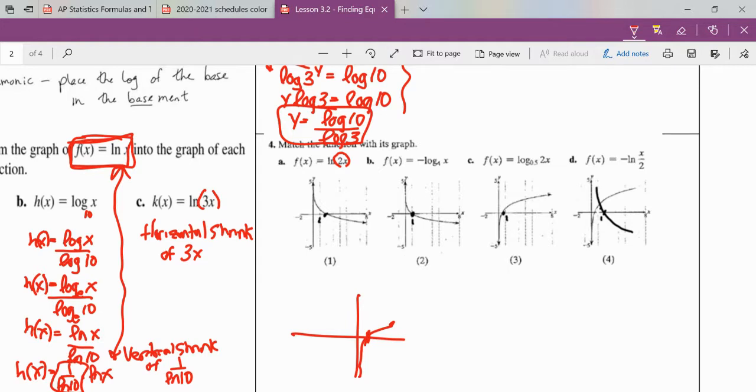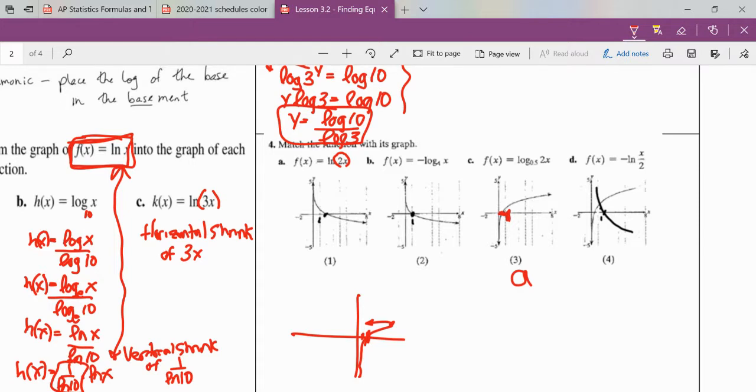So if I horizontally shrink it, that's going to be twice as much. Now it's going to cross at a half. So that's this one right here, because 1's right here, half is right in there as it comes through. So this one here is letter A.